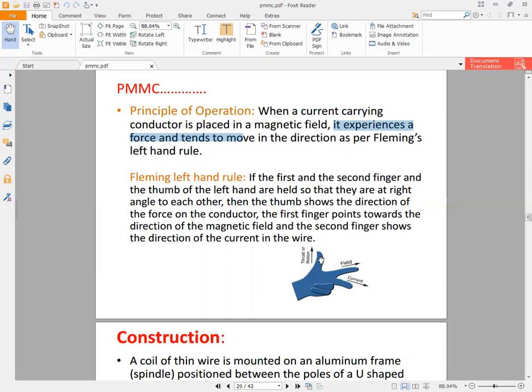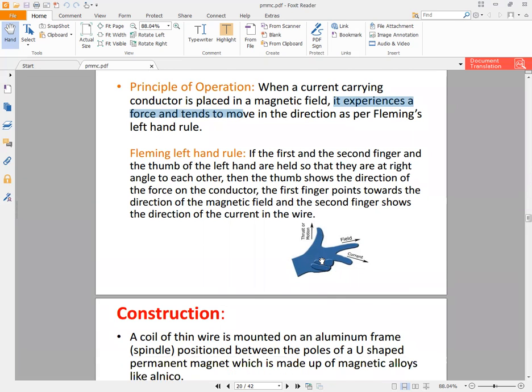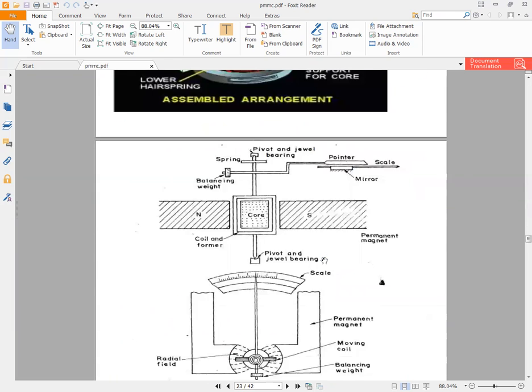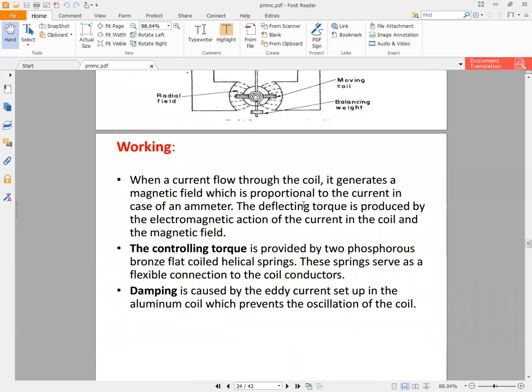The thumb indicates the direction of motion or thrust, the forefinger indicates the direction of the magnetic field, and the middle finger indicates the direction of current. So the force is defined by the direction of the thumb. This is the working principle of the PMMC instrument.